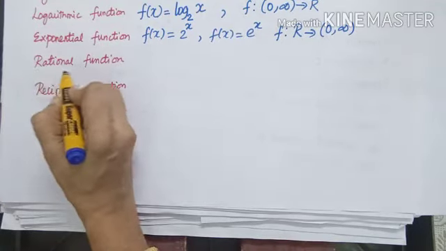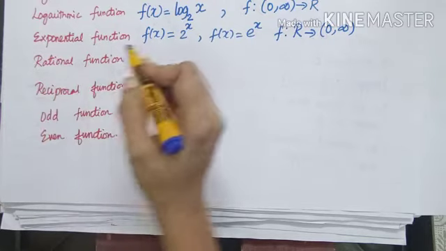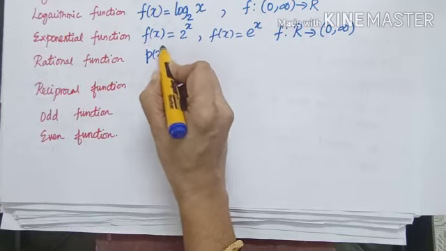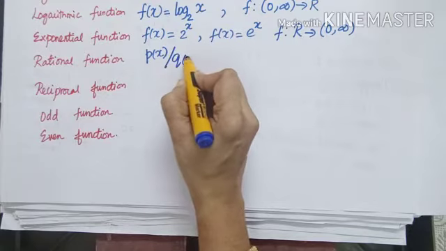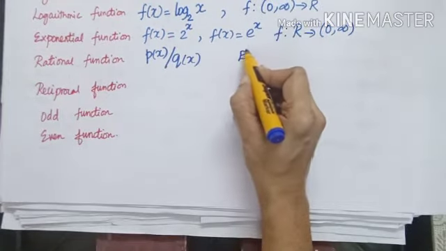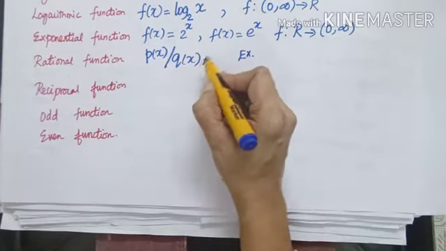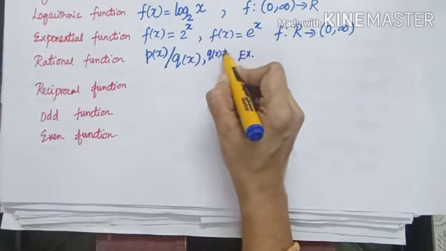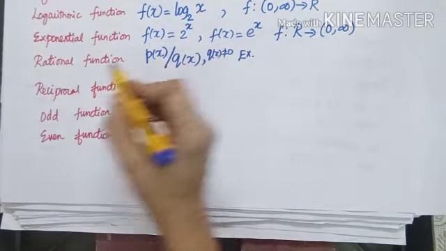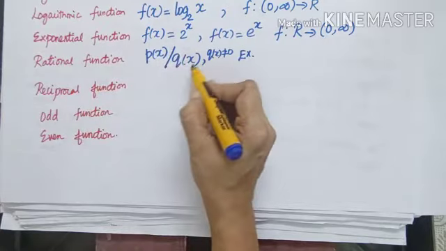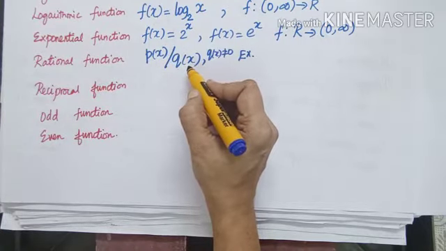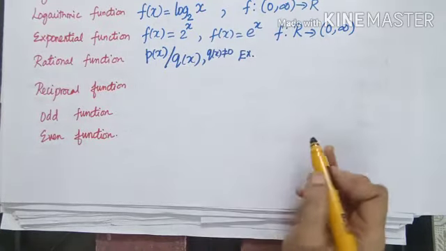Rational. What do you mean by this word rational? Some function in the numerator, some function in the denominator. I can give you an example, and remember, the denominator must not become 0. So whenever you are writing any function or anything in the denominator, ensure it is not 0.